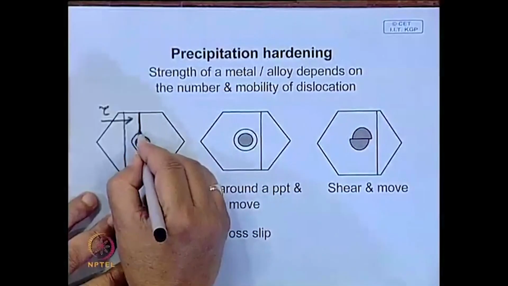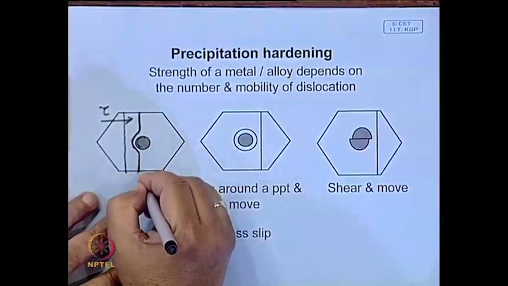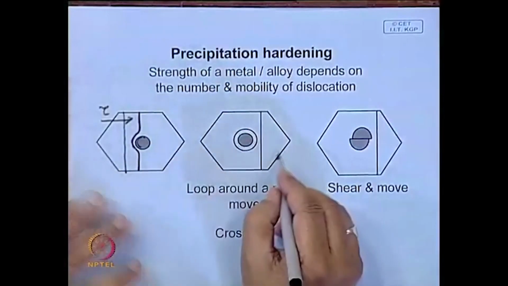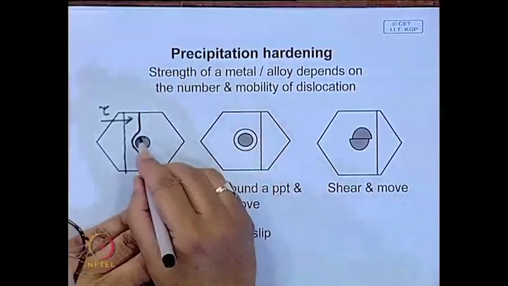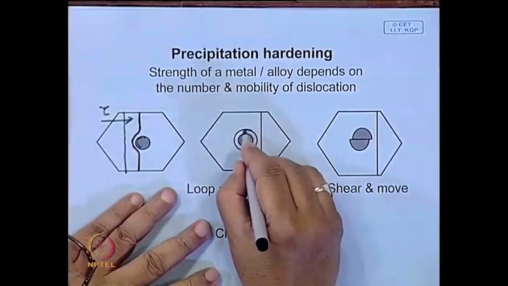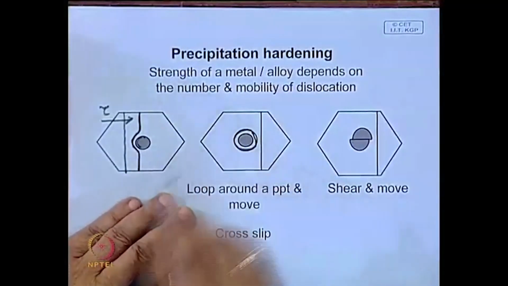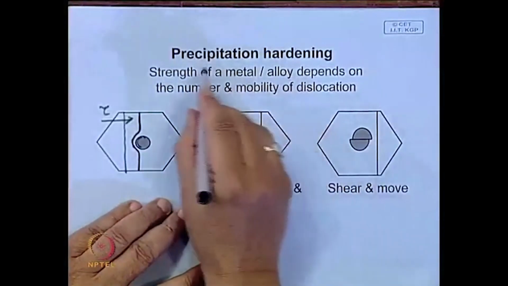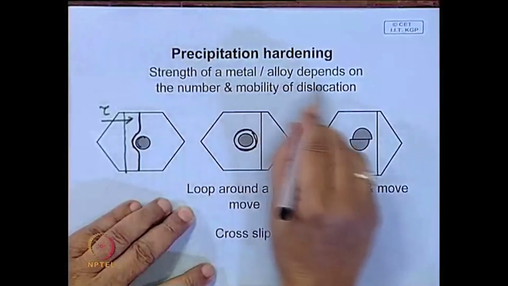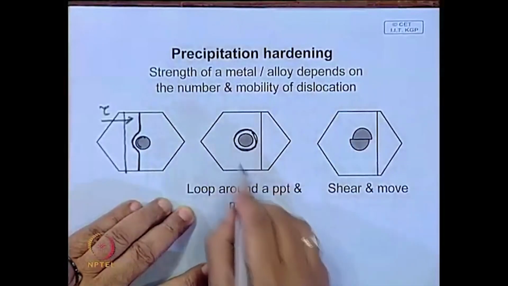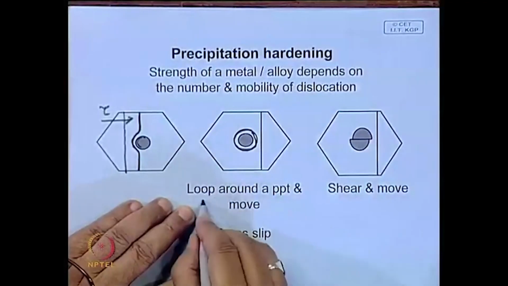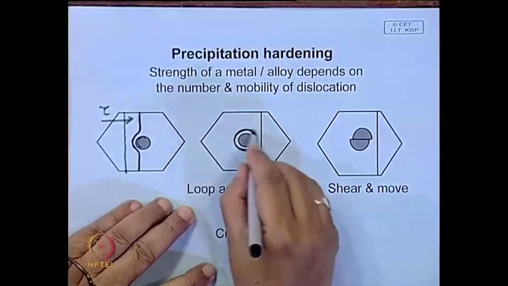When it comes near, it becomes bent, and one possibility is it can cross this and leave behind a loop. So, one mechanism of dislocation movement in a precipitate-containing alloy is looping around a precipitate.